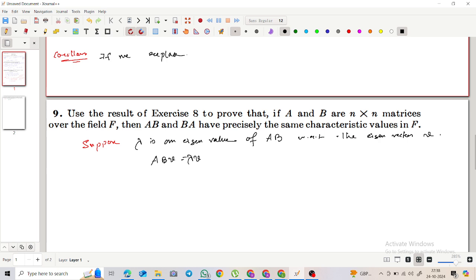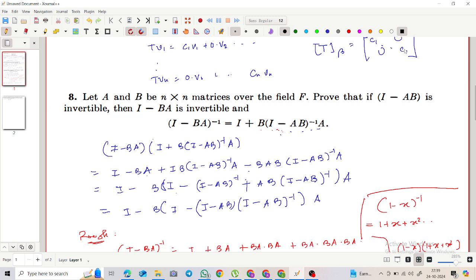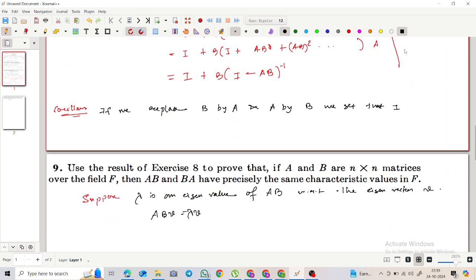If we replace B by A and A by B, we get that I minus AB is invertible if I minus BA is invertible, isn't it?